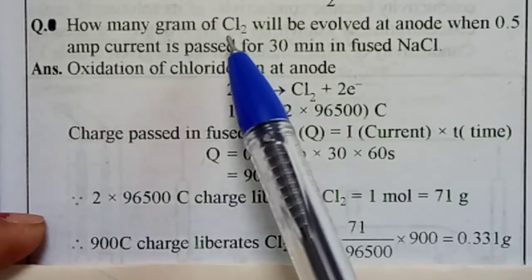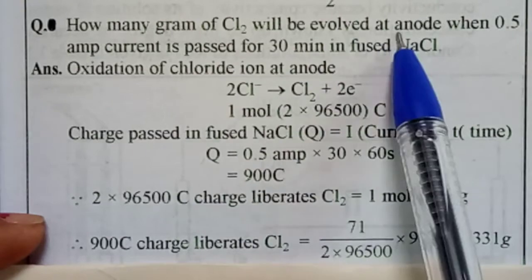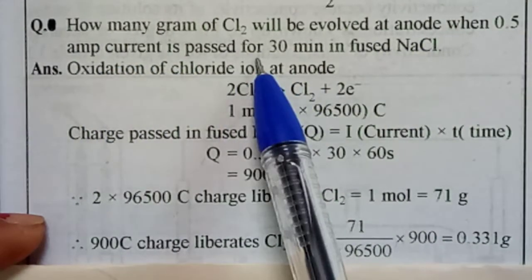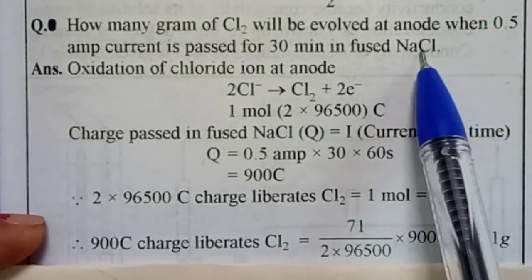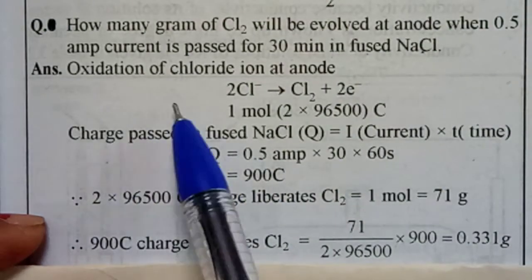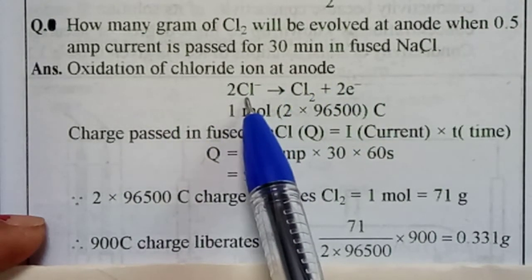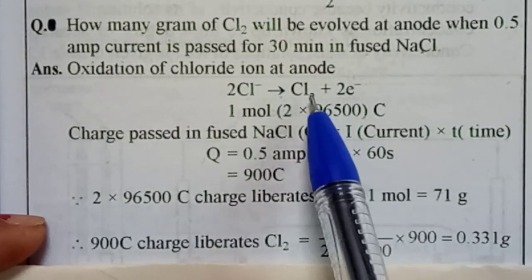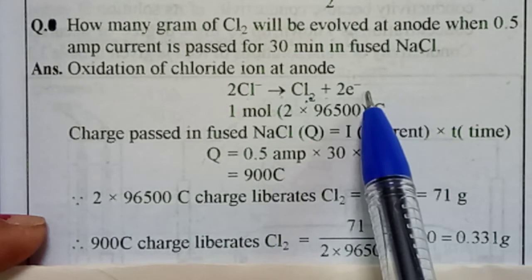How many grams of Cl2 gas will be evolved at the anode when 0.5 ampere current is passed for 30 minutes in fused NaCl? Okay, according to the reaction, 2Cl- are oxidized into Cl2 by removing 2 electrons.